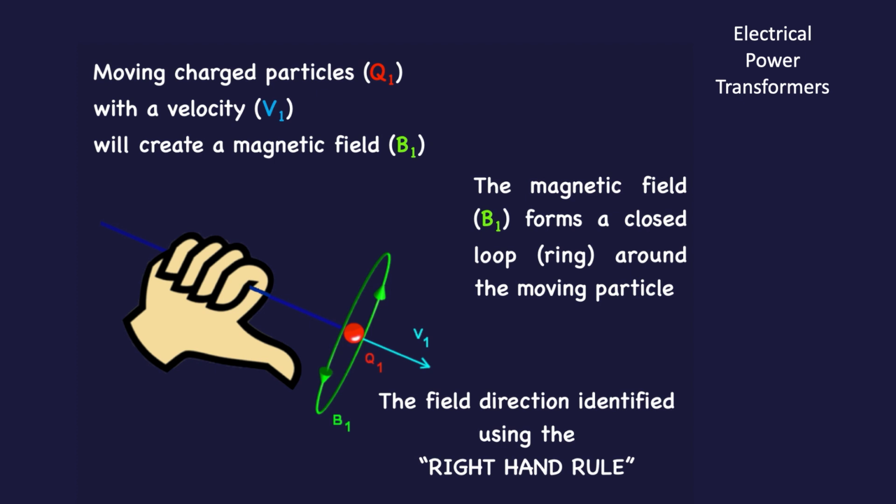The fingers of the right hand will point in the direction of the magnetic loop that is formed by the movement of the electric charge. So just repeating that, if you put your right hand and wrap your fingers around the velocity direction of the charged particle and point your thumb in the direction of that velocity, your fingers will point in the direction of the magnetic field.